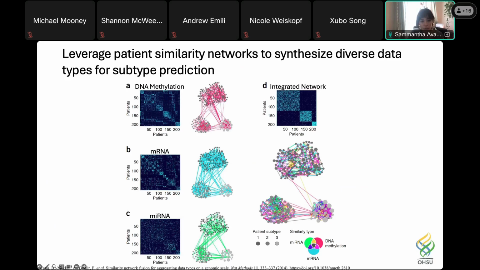And also, if we look at our integrated patient similarity network, we can see that we now can differentiate the 3 patient subtypes. And so by leveraging this network, as well as the integrated patient similarity matrix, we can then use the shared global patterns among patients across different omic layers for subtype classification.